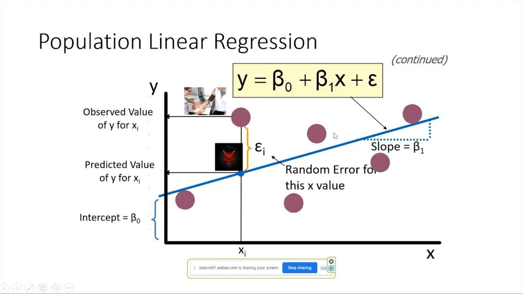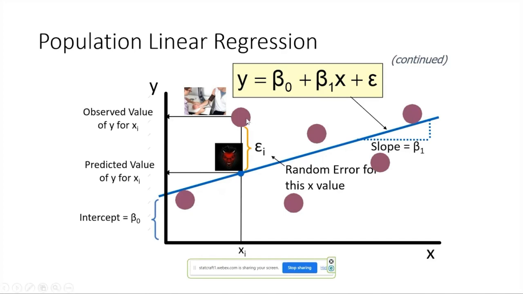There can be many lines which I can pass, but I want to pass this blue line in such a way that the summation of the squares of these errors, see the cursor, 1, 2, 3, 4, 5, and 6, is minimized, and that's the reason we say it is ordinary least squares.